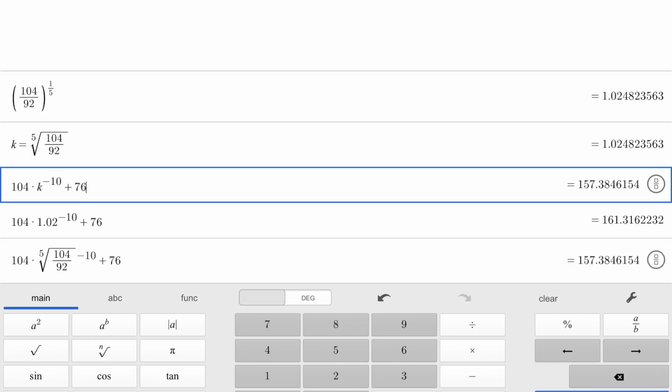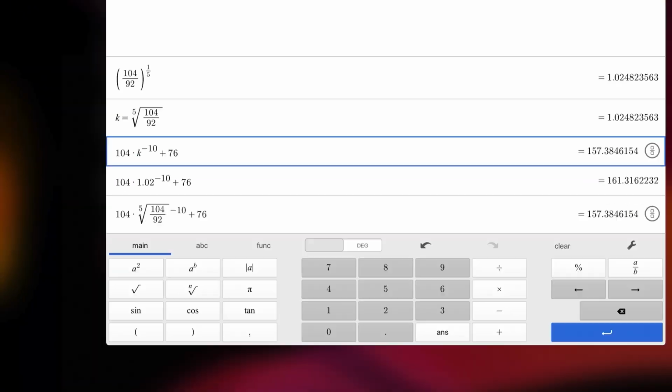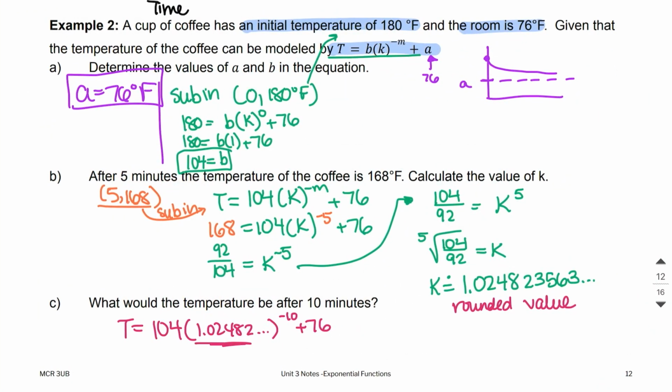And it's exactly like what we did up here. Okay, so you've got a couple options. I'm happy to help you with your calculators in class to help you get these more exact answers. So this right here means the temperature would be approximately 157 degrees Fahrenheit.